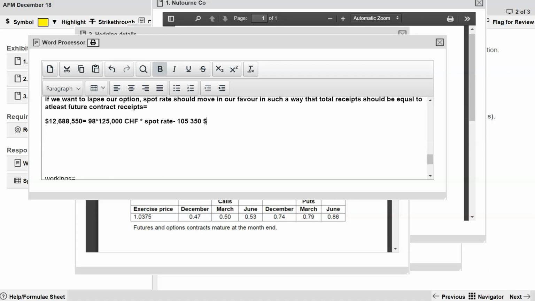I have ignored that 51,000 amount of forward contract of unhedged amount, because in future and option that amount is same. So guys, what would be the spot rate?